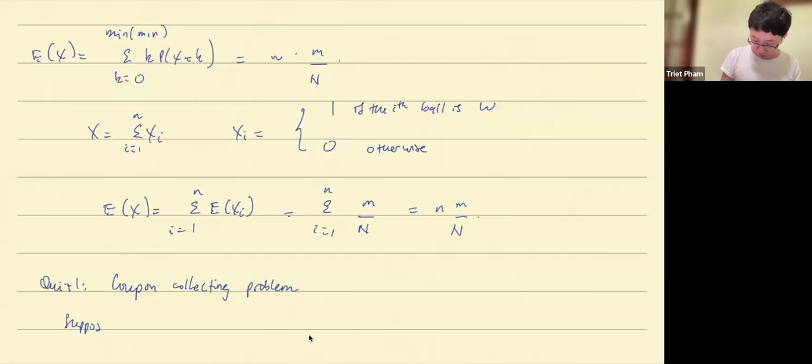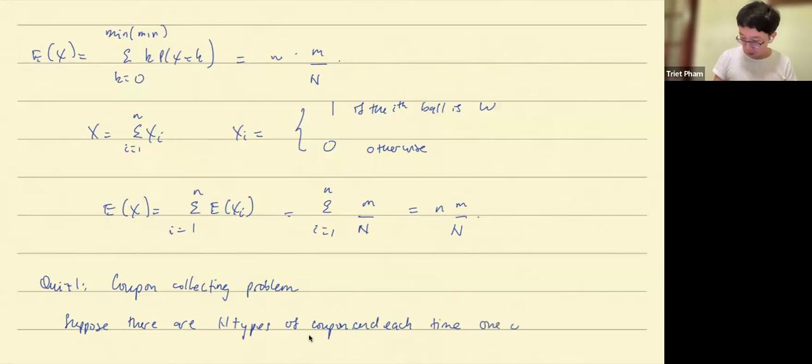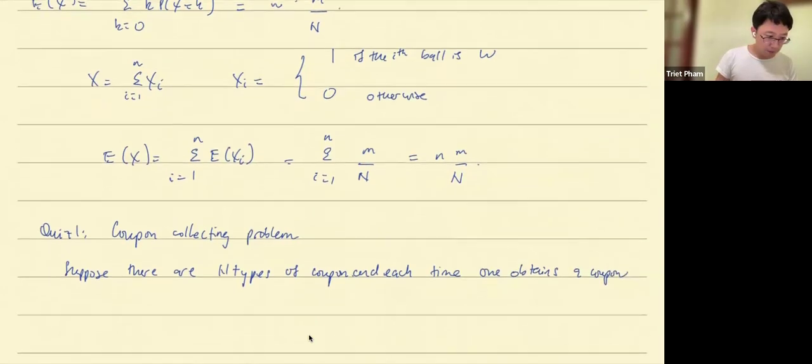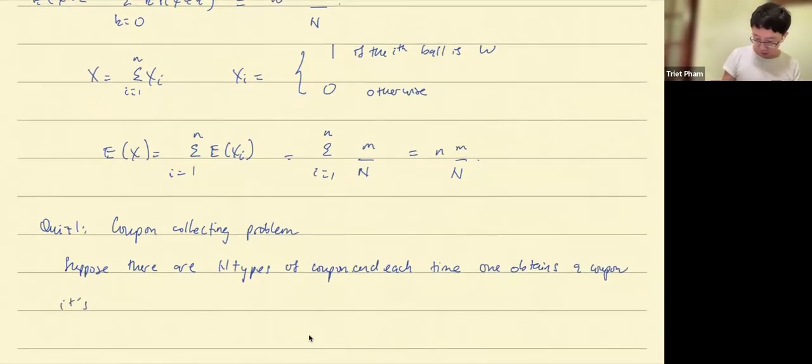Suppose there are n types of coupon. And each time one obtains a coupon, it's equally likely to be any of the n types.